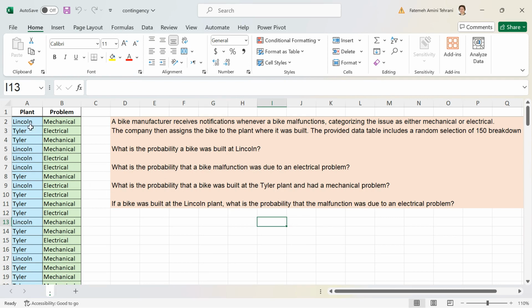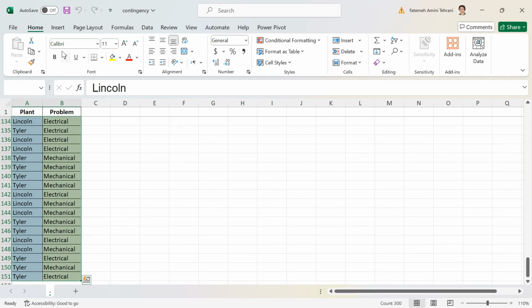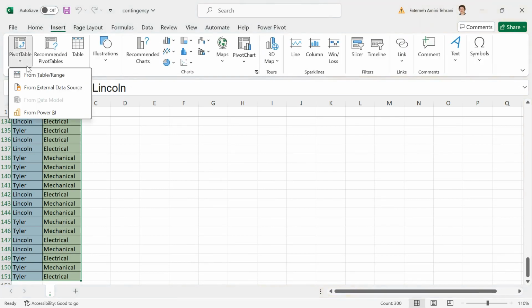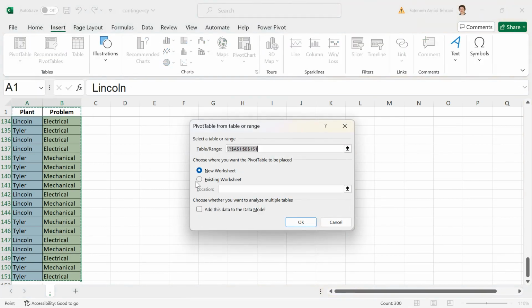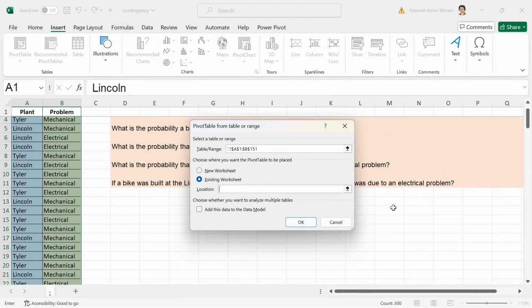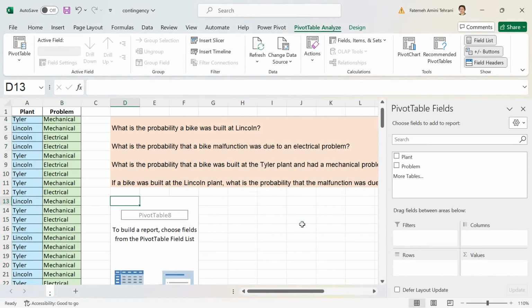To summarize the data in a contingency table, first I'm going to select the data, Shift Control Down, then Insert, PivotTable from table range. I prefer to have the pivot table here in the same worksheet, and then OK.